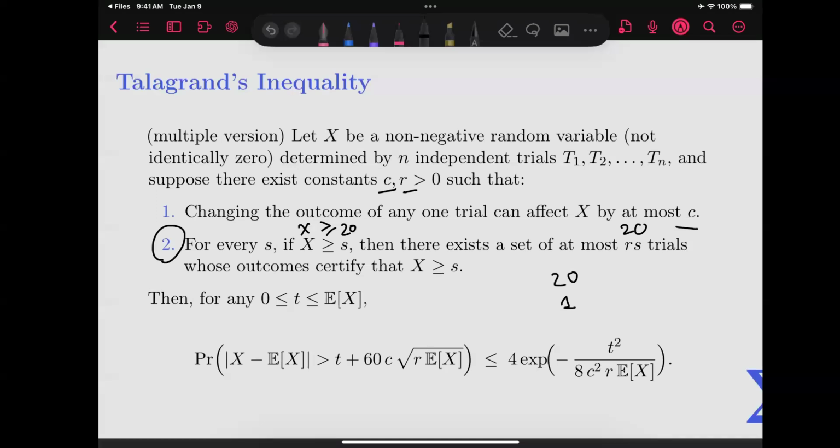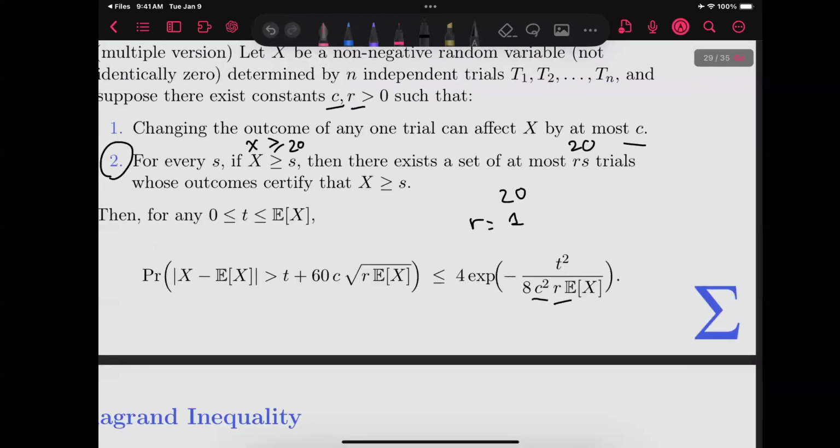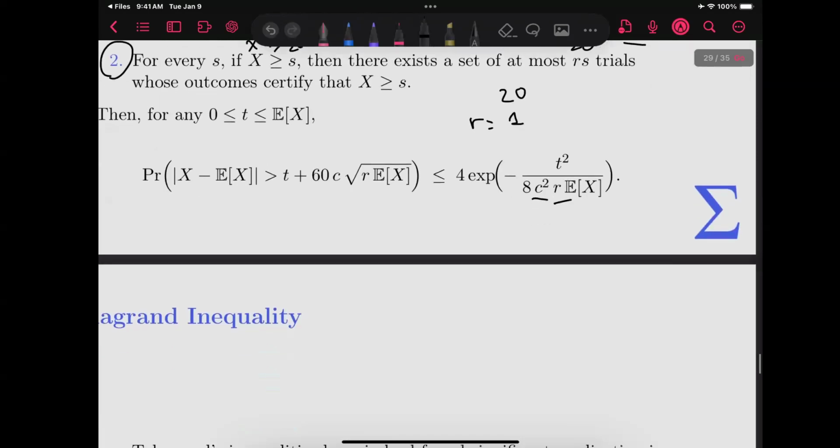So in that case, our r will be equal to 1. That's how we can determine r. And once we have C and r, we can plug them into our exponent here to find the sharper bound.